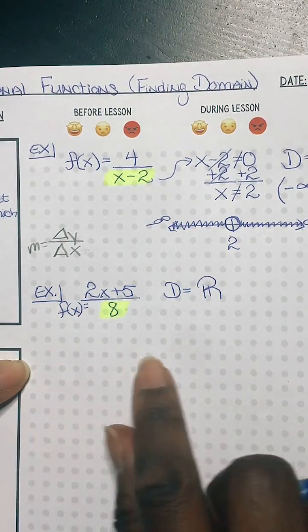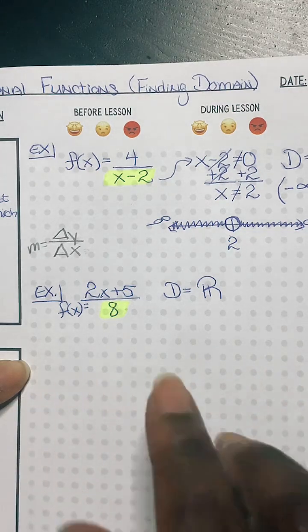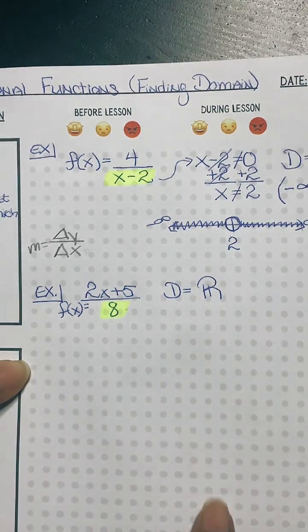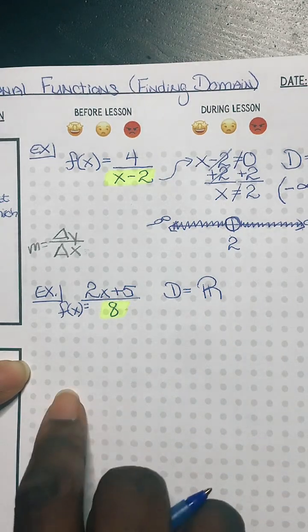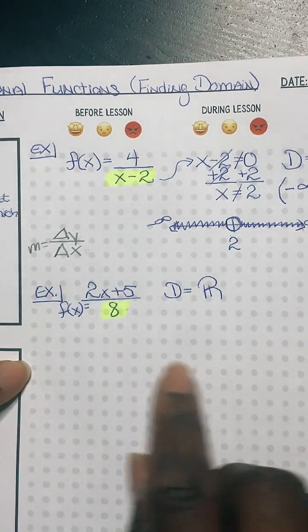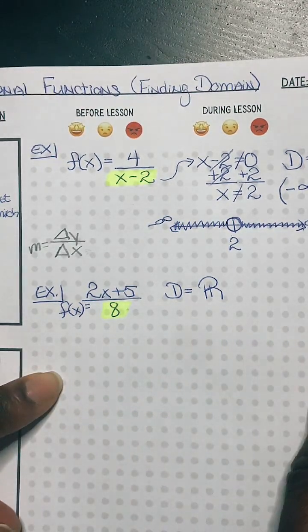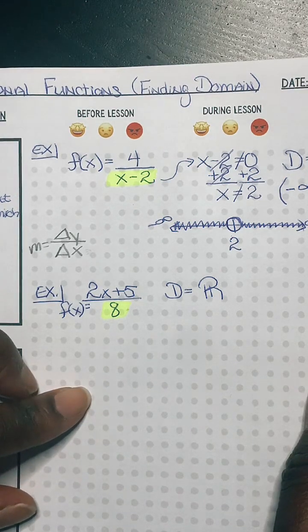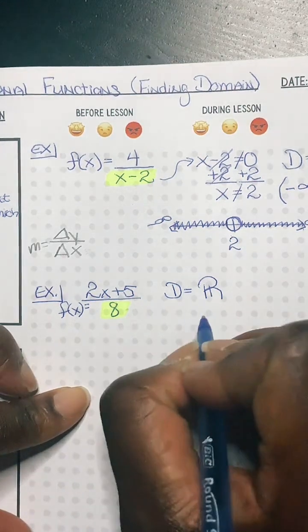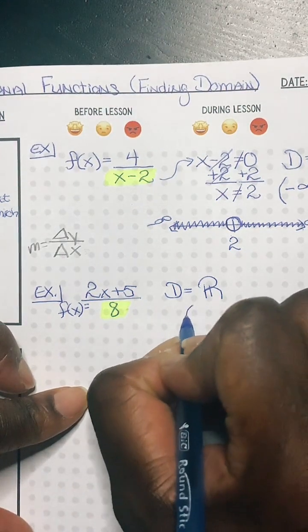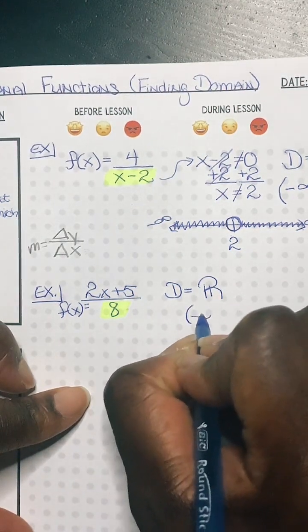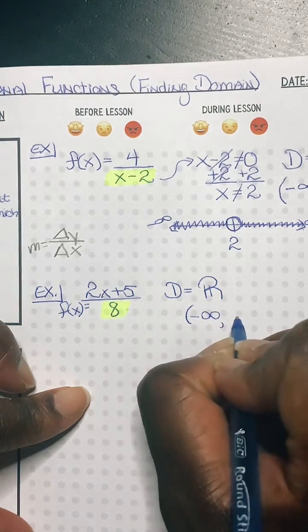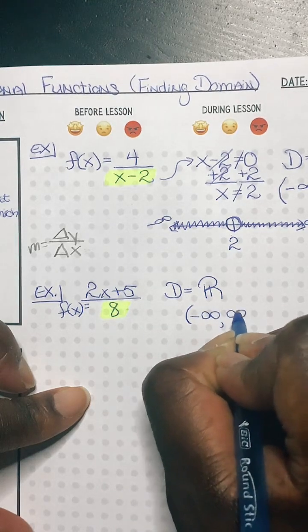So as your x's are repeating, your y is 8, 8, 8, okay? Your range is going all the way to positive infinity and all the way to negative infinity. So you would write that as negative infinity to positive infinity.